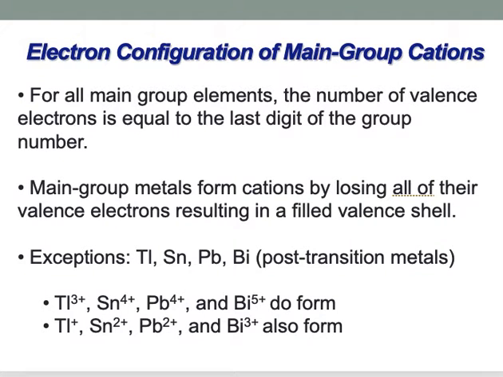So there are some exceptions to this in the main group, and that's when we get down into the lower rows like 6 and 7. These main group elements, we call them post-transition metals, tend to have more transition metal properties, and so they form multiple ions.